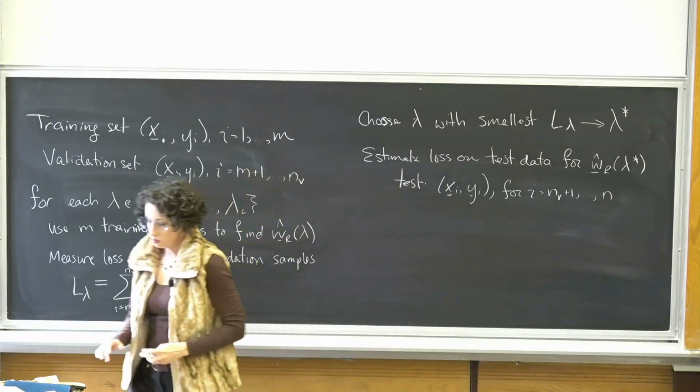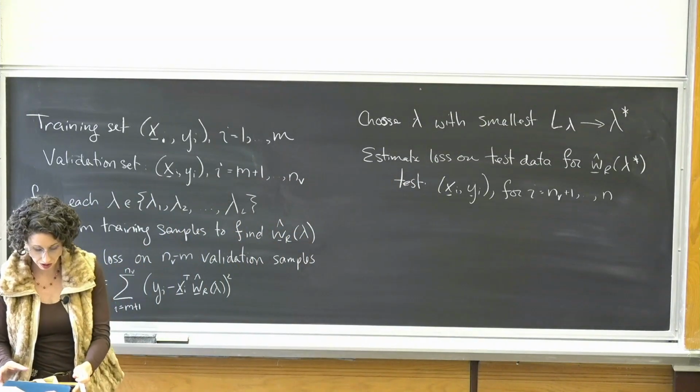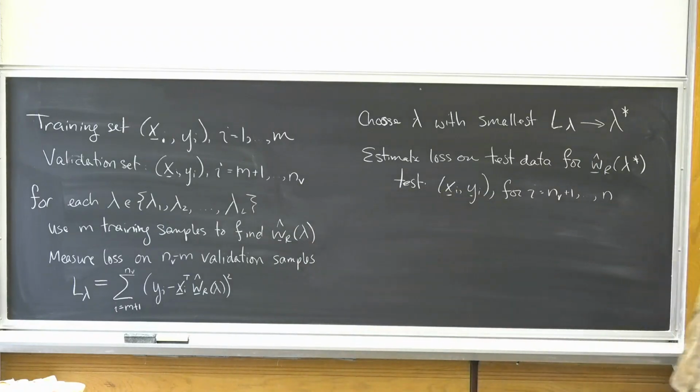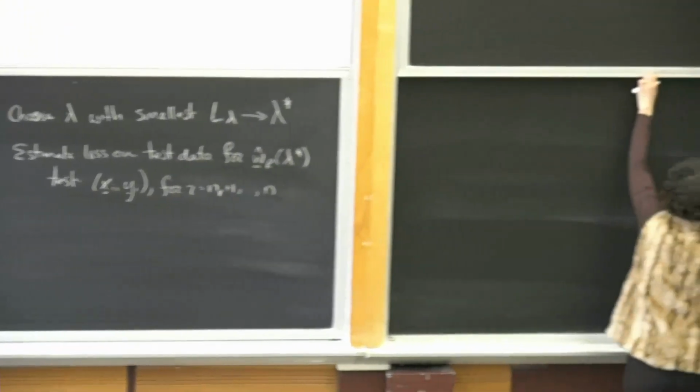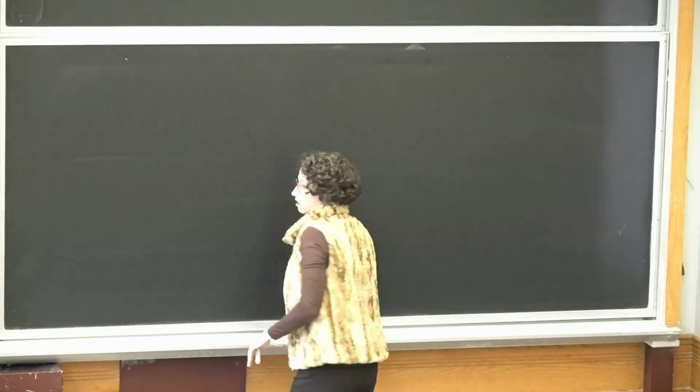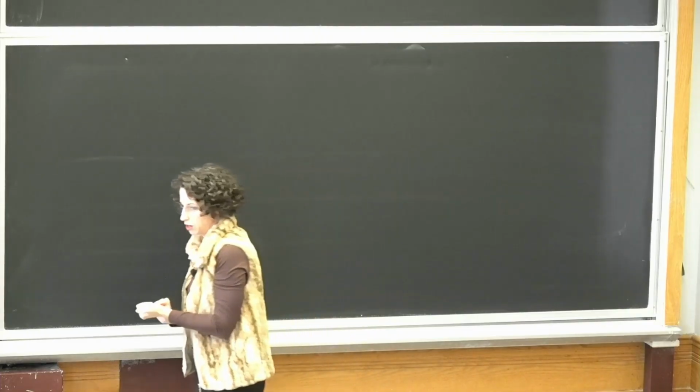Okay, so then with that, I want to switch gears and talk about a setting where we don't necessarily have a regularization parameter, but we still have to deal with the fact that least squares will not work.